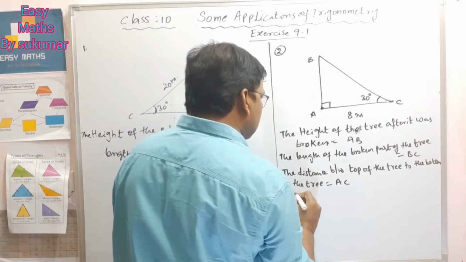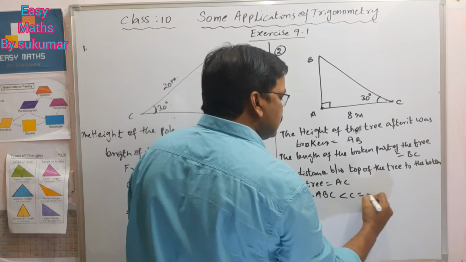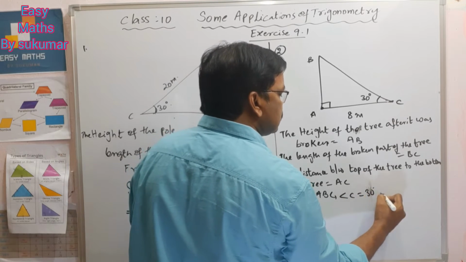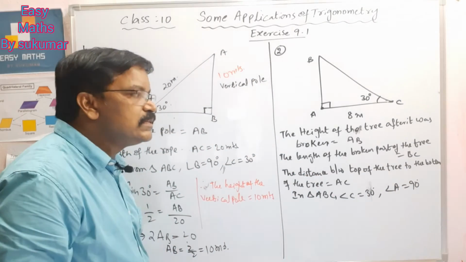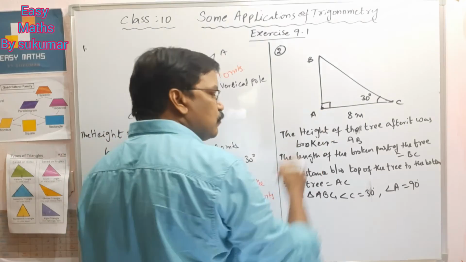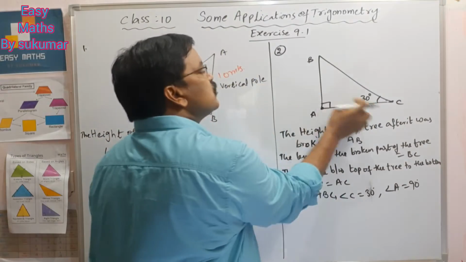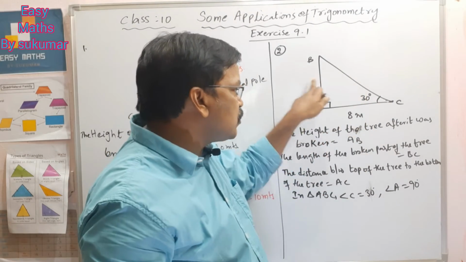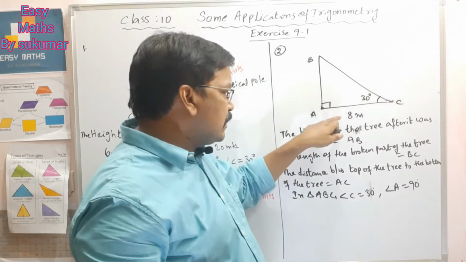Now in this triangle ABC, my dear students, what is angle C? Angle C is 30 degrees and angle A is equal to 90 degrees. Now what is the relation between this opposite side and this adjacent side? This is the opposite side to angle C, and this is adjacent.